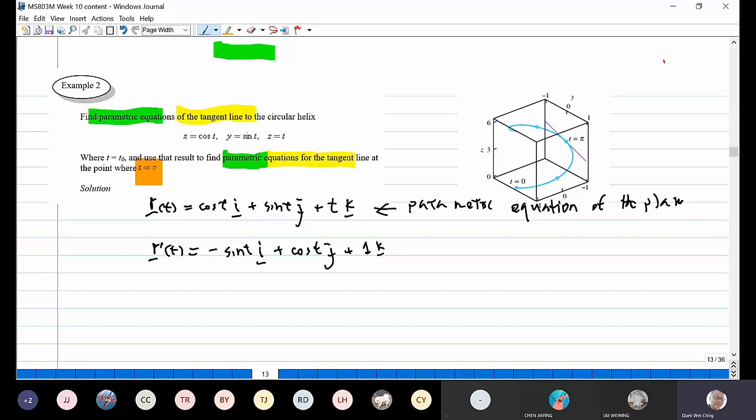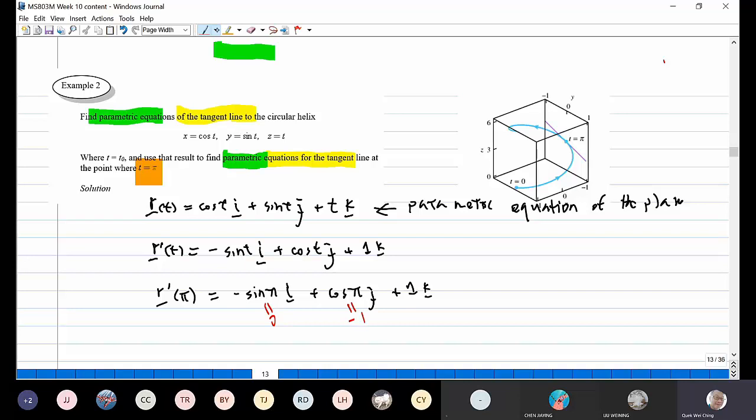Then you put t equal to pi. So r prime of pi is minus sine pi i plus cosine pi j plus 1 k. Sine pi is equal to 0, so you don't need to worry about it. Cosine pi happens to be minus 1.